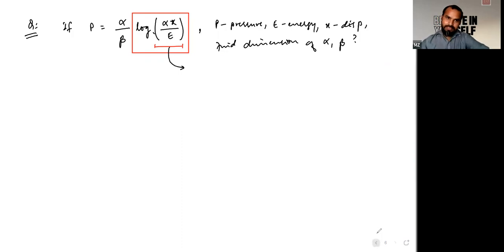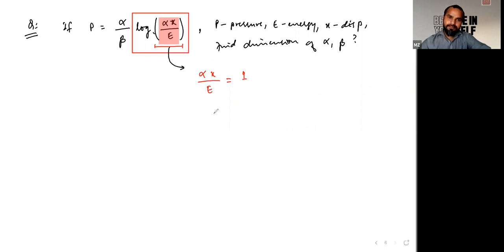Okay, Rishan, just see. As we have discussed in the last part, this particular number and the whole log of that number will be a dimensionless quantity. So first put this whole segment, as it is dimensionless, to 1. So alpha into x over E is 1. As we know the dimension formula for energy and for x.